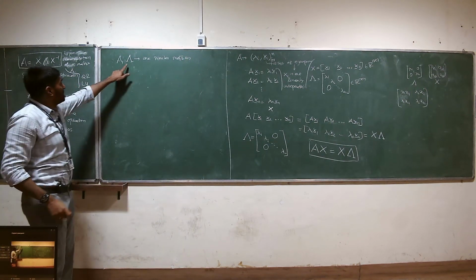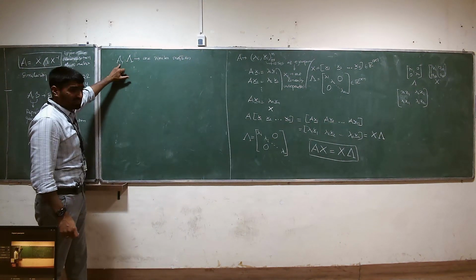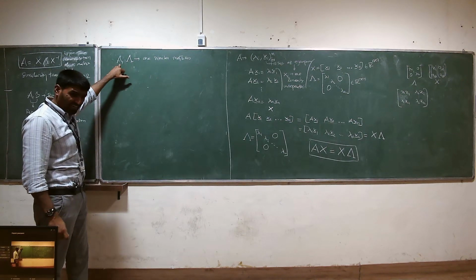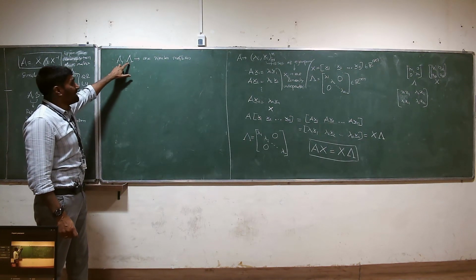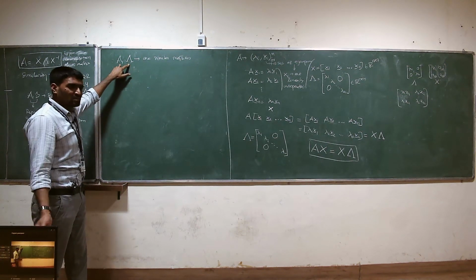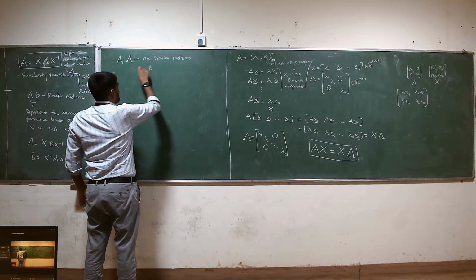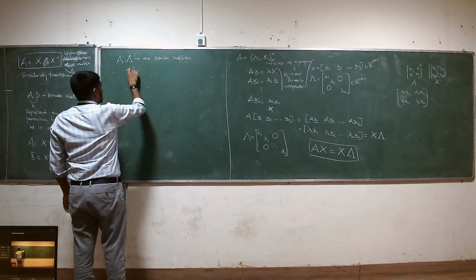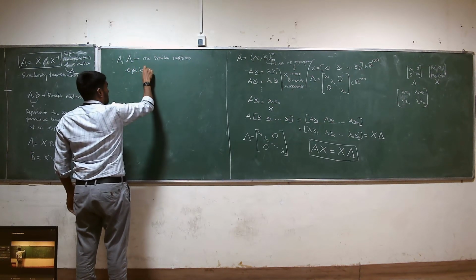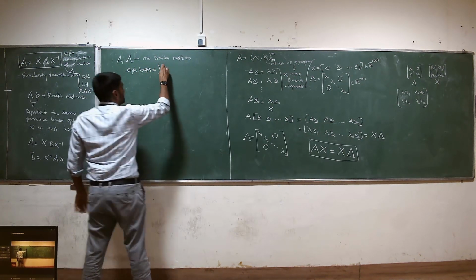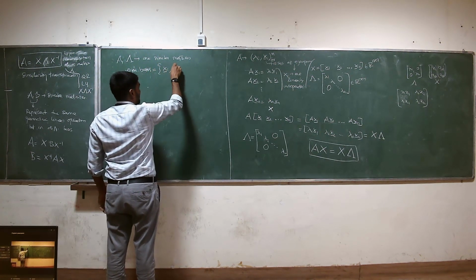And lambda is simply the representation of the linear transformation represented by the matrix A in the eigenbasis. What I mean by eigenbasis is simply the set of eigenvectors.